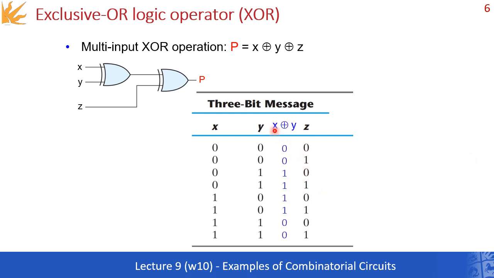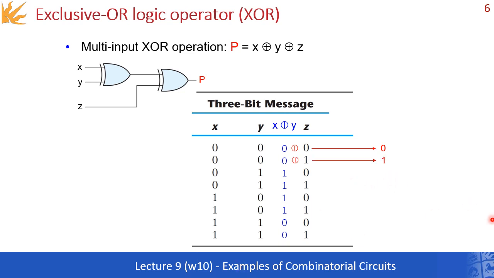This is a result of X XOR Y, and now we're going to XOR this result with Z. So, for the first set of X, Y, and Z values, which is 0, 0, 0, the parity bit is 0. Therefore, the number of ones in the set of X, Y, Z, and the parity bit is even and equal to 0. There are no ones.